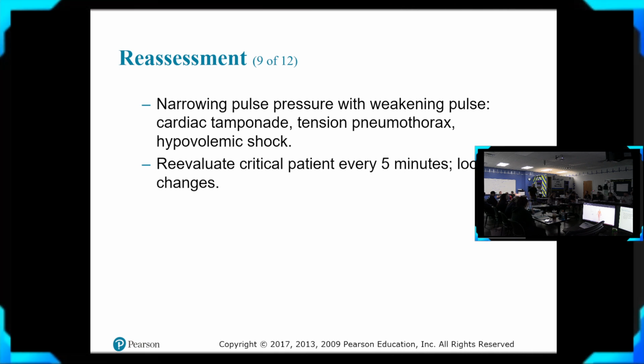Now, it can be those, but if someone is 60 over 40, that's not a good blood pressure, obviously, and it's not a good pulse pressure. Think about what the pulse pressure is. Your systolic is the force of contraction, right? And your diastolic is the force on relaxation.